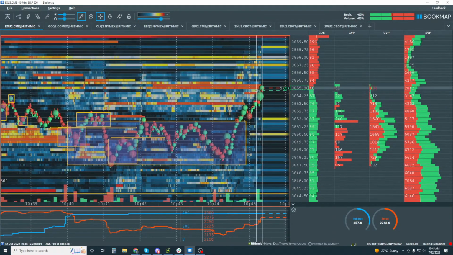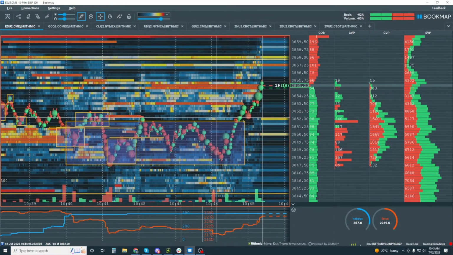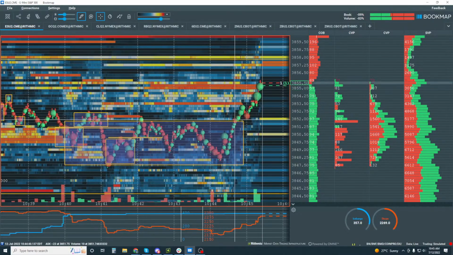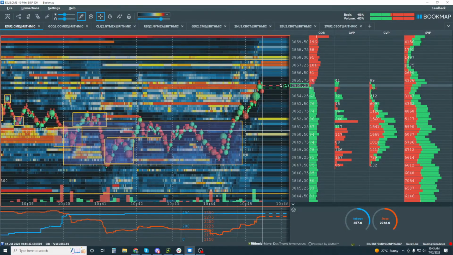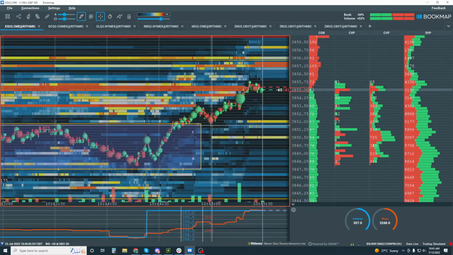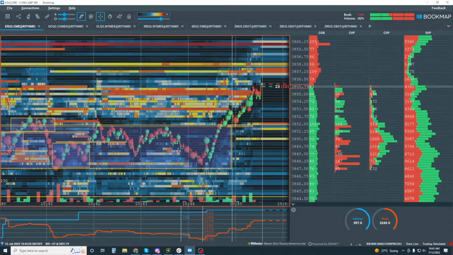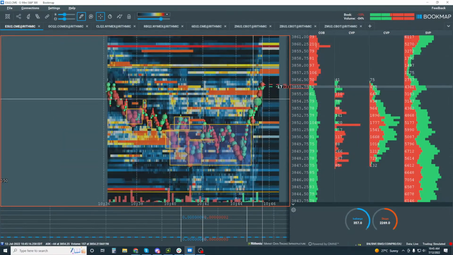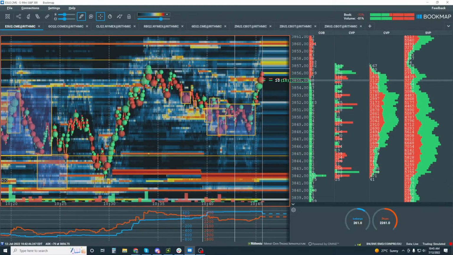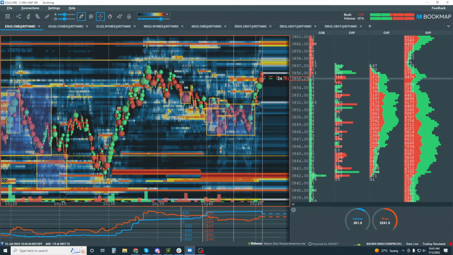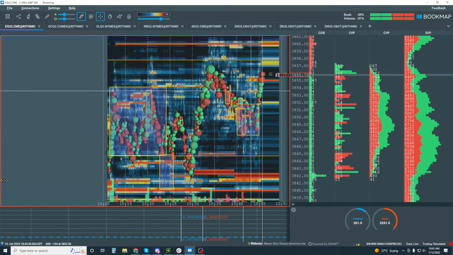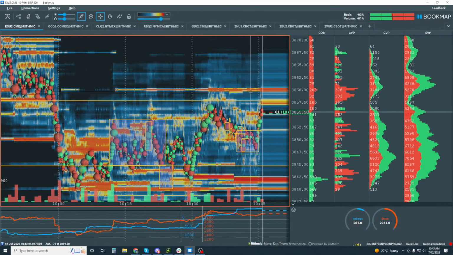Okay, and then they start the move. So in this case, it's all that selling in here. Finally they're trapped. Okay, look at the pullback here to here. This is not coming back here, right? We're gonna see this squeeze continue, likely to 58 and then 60 here. Yeah, 60 looks pretty good.